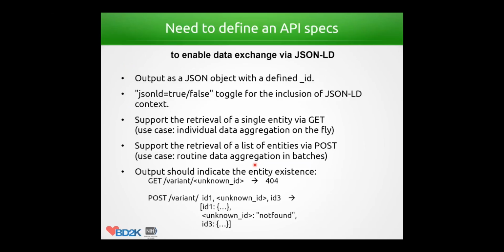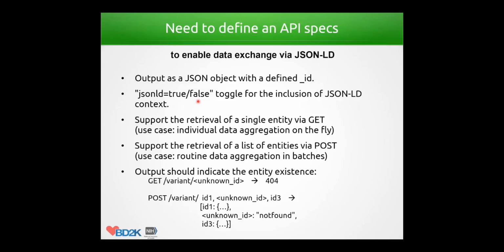At least the API should provide some minimum features in order for the JSON-LD based integration to work, both on the fly or in a batched mode. So I started to document this, and I'm preparing it, and eventually I will post it on GitHub as a guideline for developing, especially BioThings entity-based APIs.